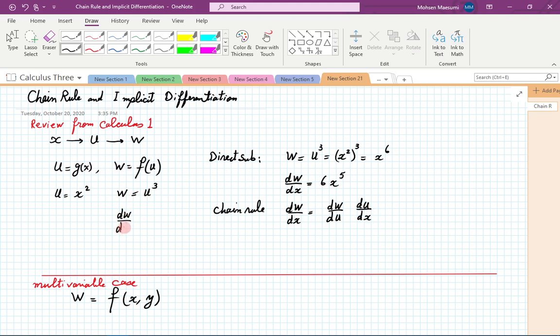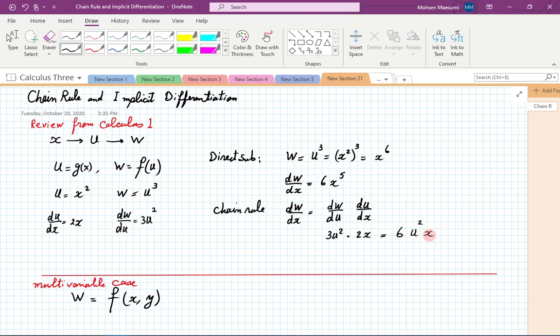dw/du, straight calculation, 3u squared. du/dx, on the other hand, the derivative of u with respect to x, is 2x. So the chain rule simply multiplies these two, and I have 3u squared here times 2x there. And when I multiply, well, of course I get 6u squared x.